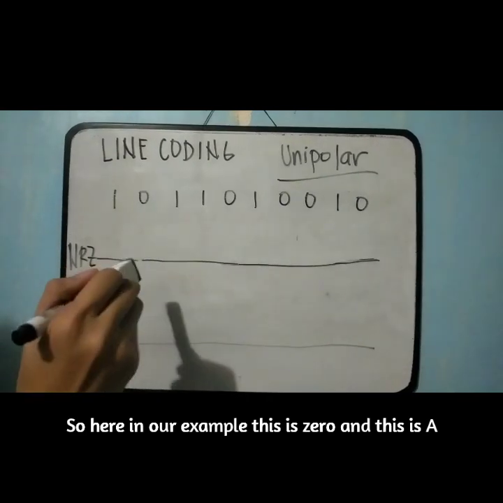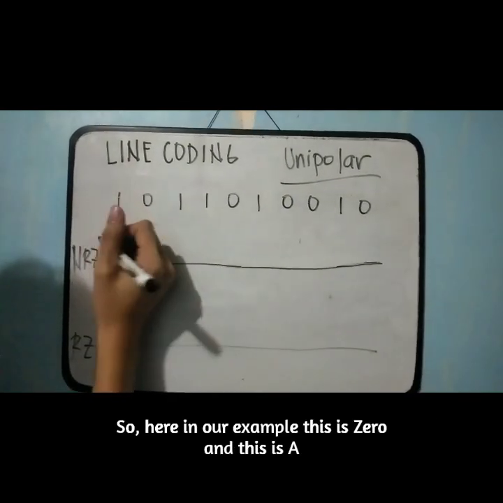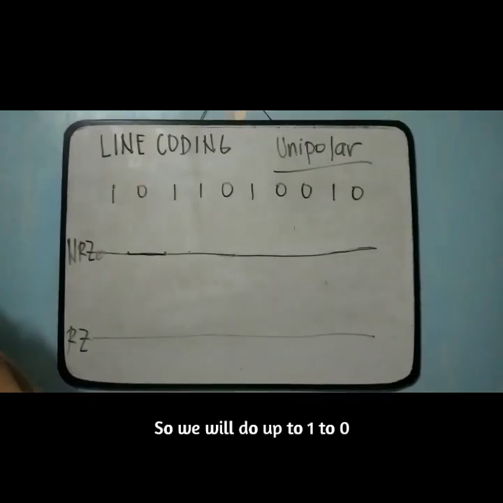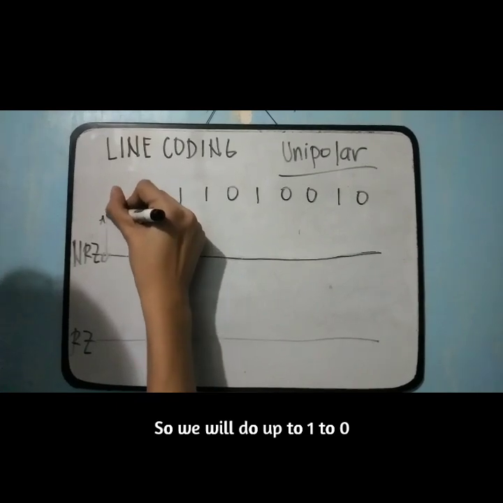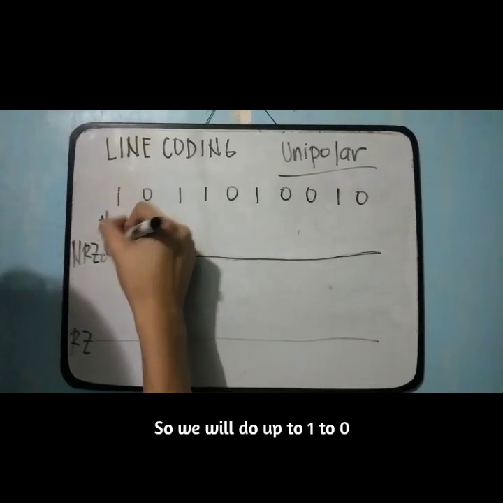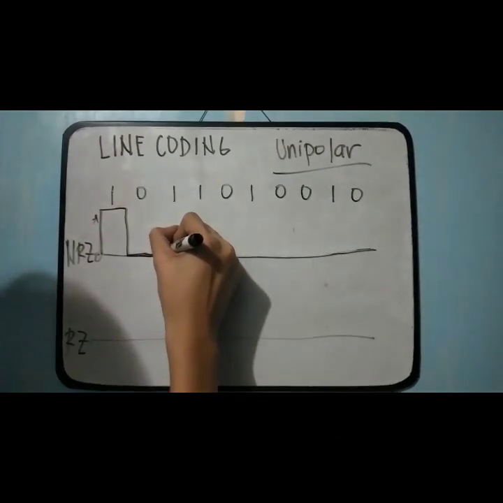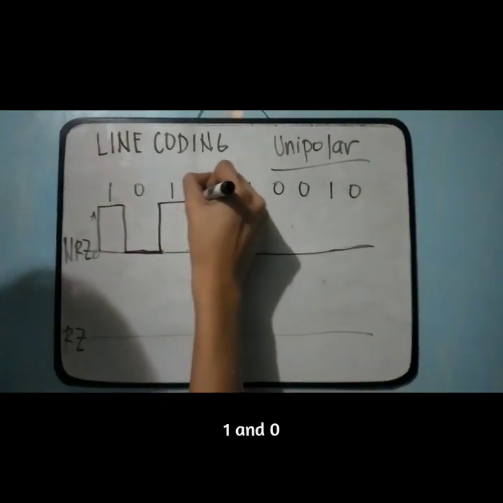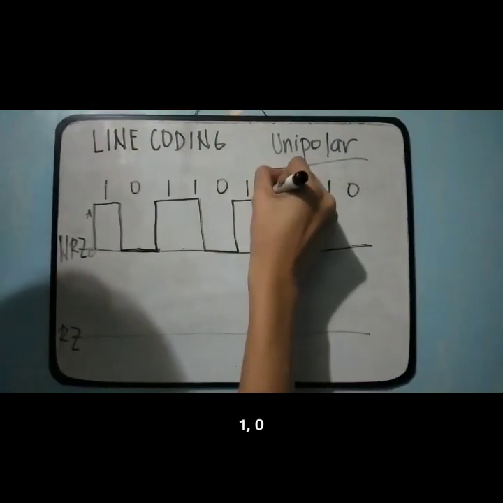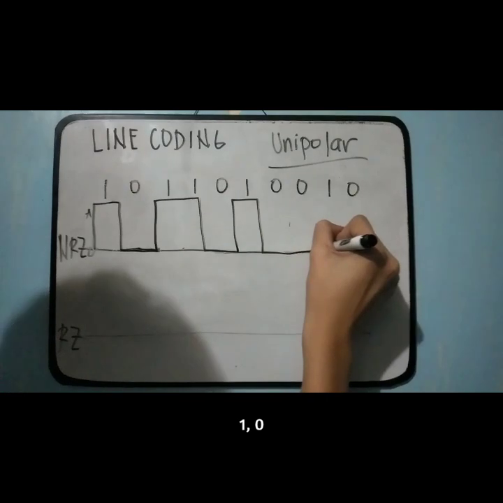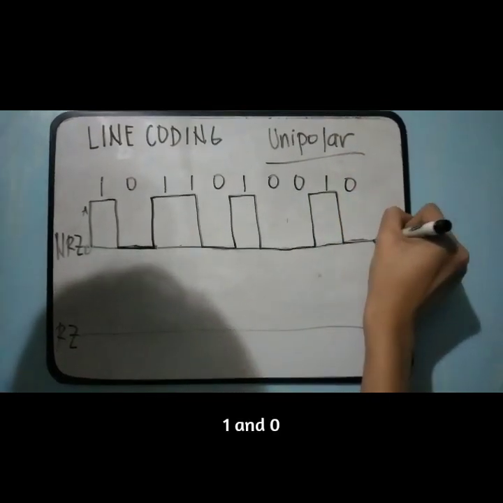So in our example, this is 0 and this is A. So we will do 1, 0, 1, 1, 0, 1, 0, 1, and 0.